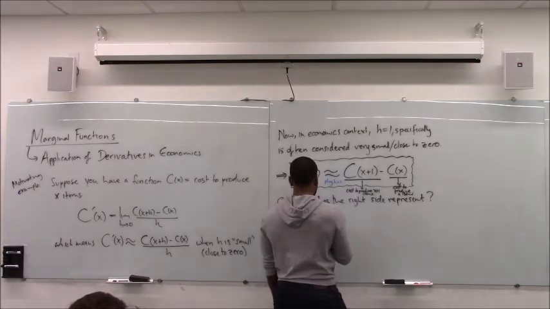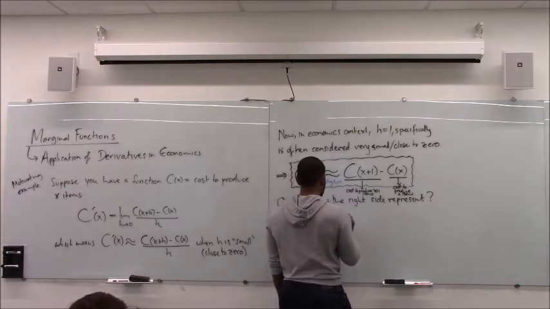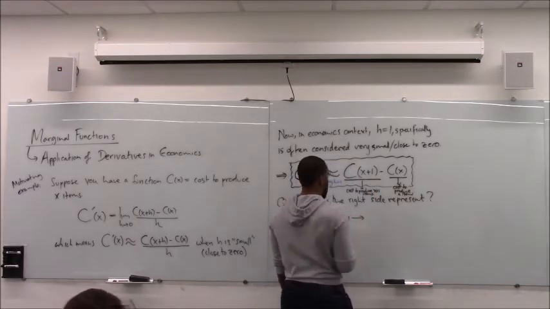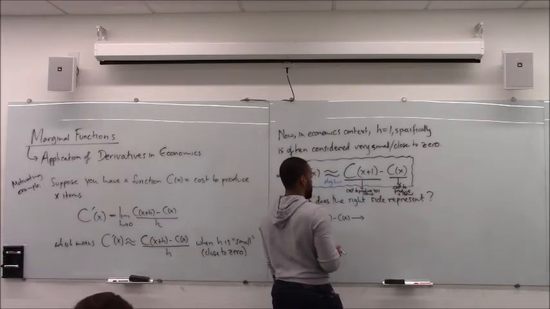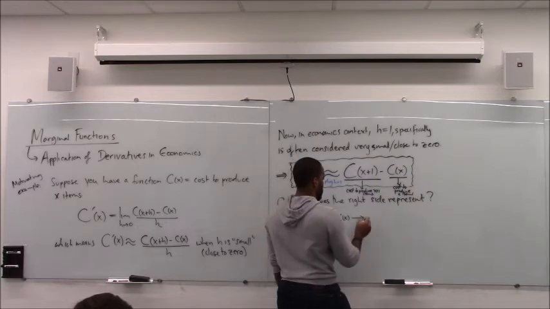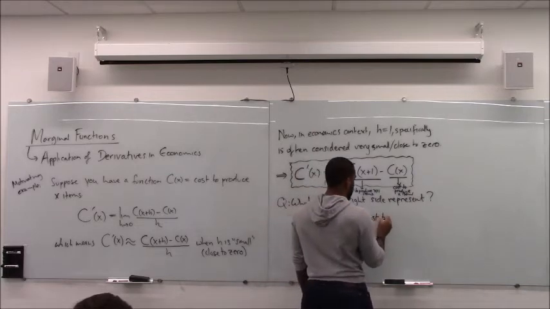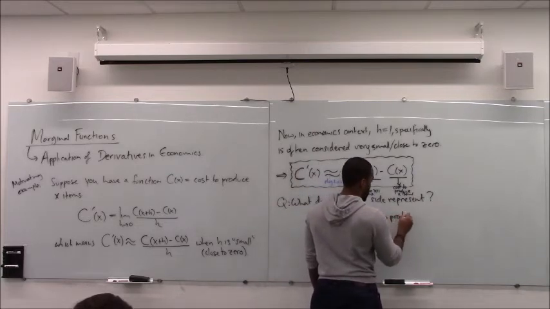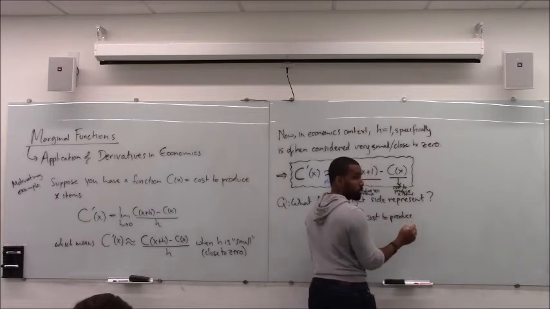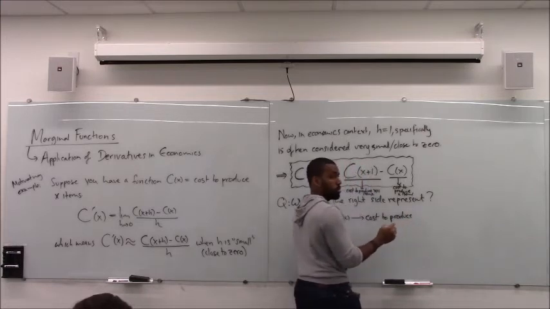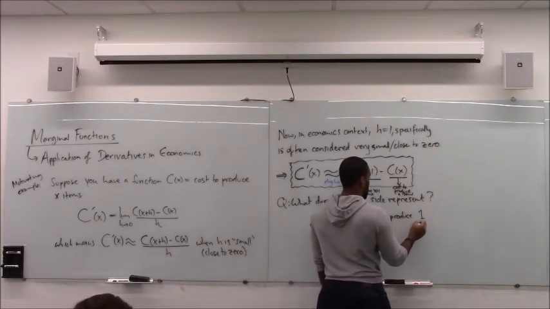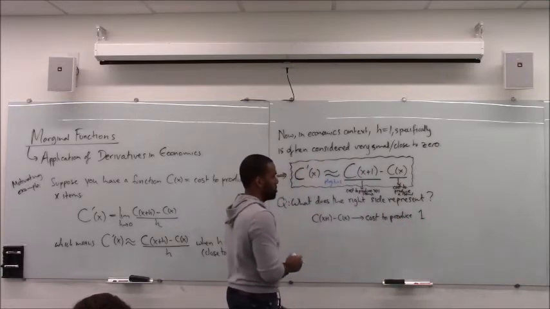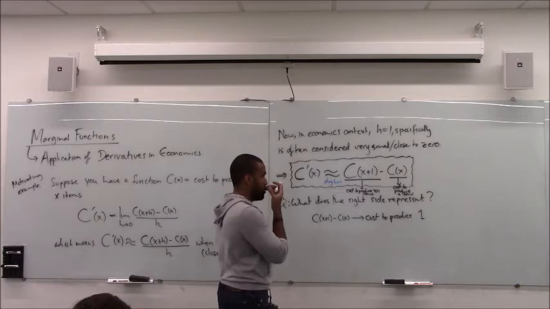So if I look at c of x plus 1 minus c of x, that is interpreted as, putting these together, the cost to produce one item. Cost to produce what? One, yeah. Cost to produce one. One specifically? Like any one item?